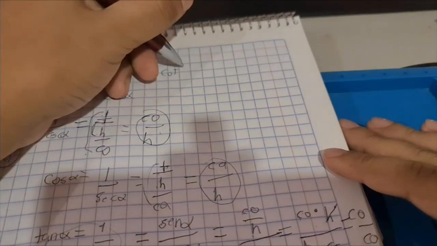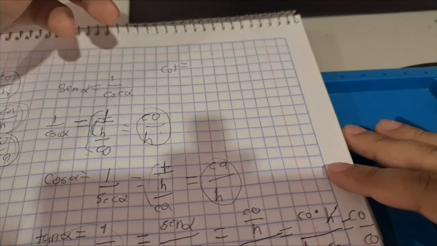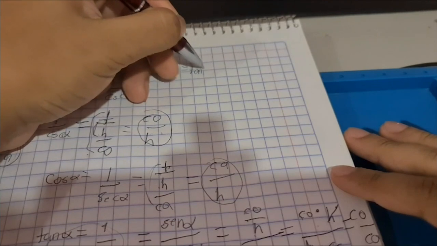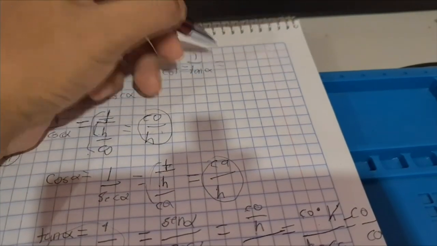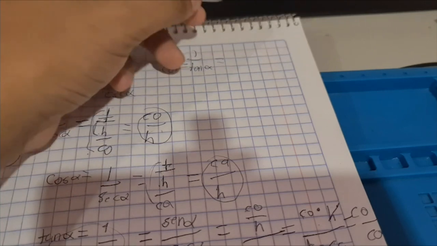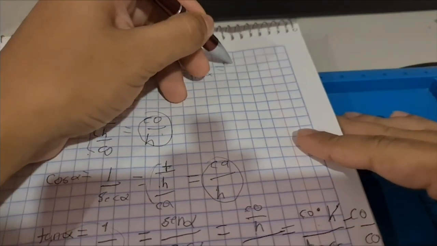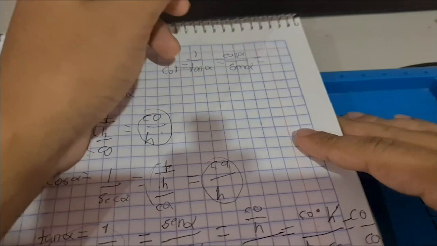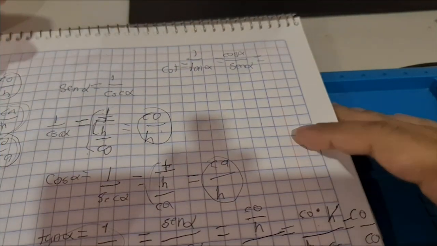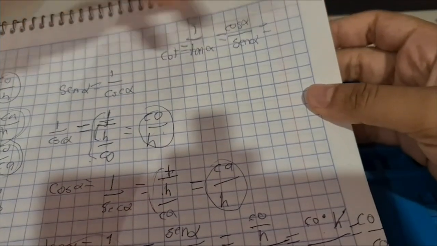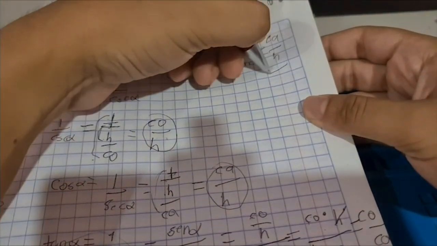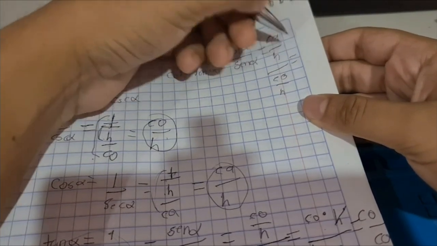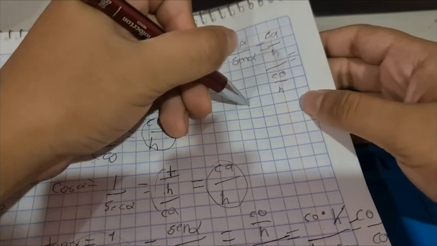Remember, cotangent is equal to 1 divided by the tangent, and we know that we can make the comparison with this, so we are going to use the other equality, that is cosine divided by sine, and this is going to be cosine, the adjacent leg between the hypotenuse, and the opposite leg between the hypotenuse. We make the division. I'm going to make it right here.